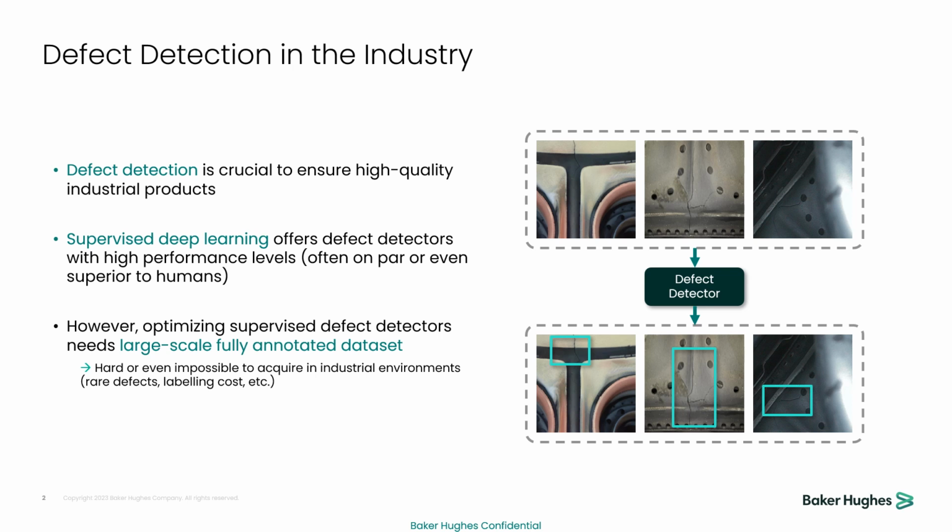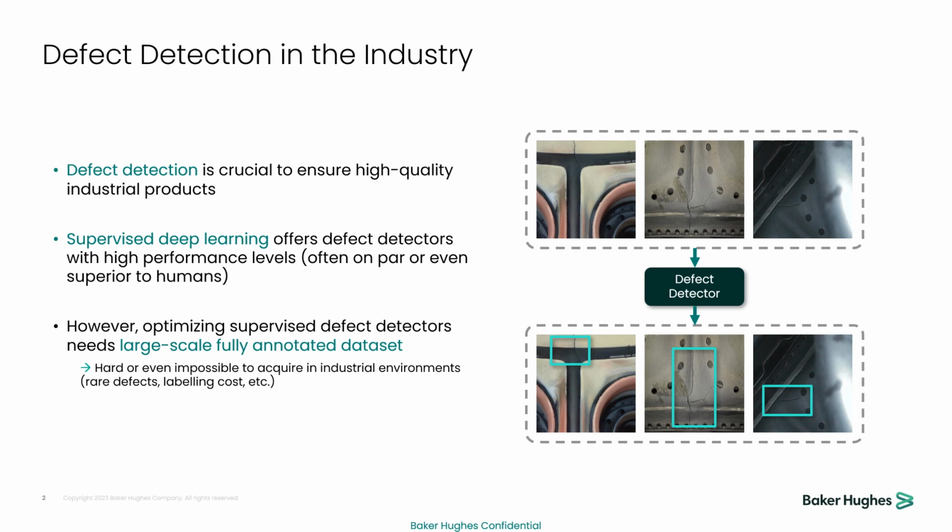Automatic defect detection is a crucial problem for industrial applications, as it allows to ensure high-quality industrial products. Supervised deep learning offers methods for defect detection having high performance levels. Sometimes they are even superior to human levels.